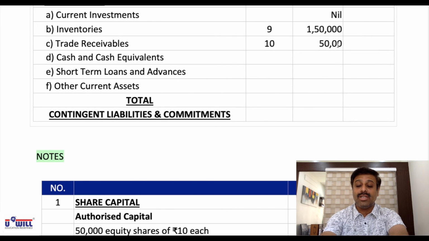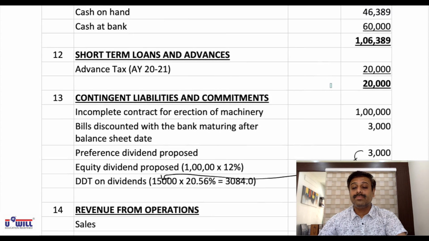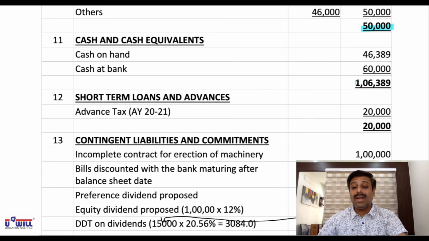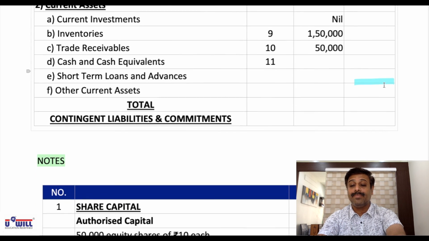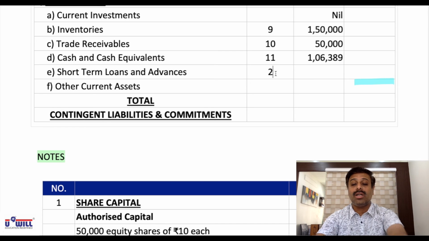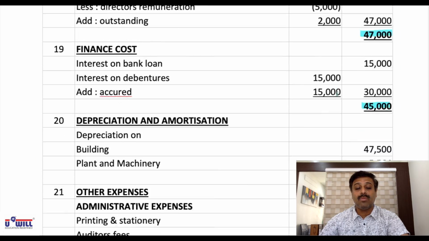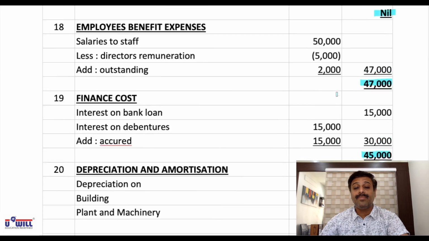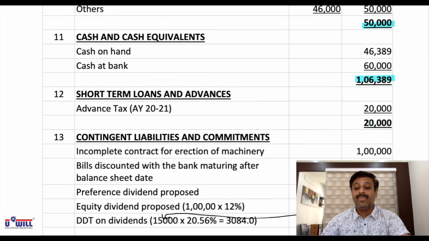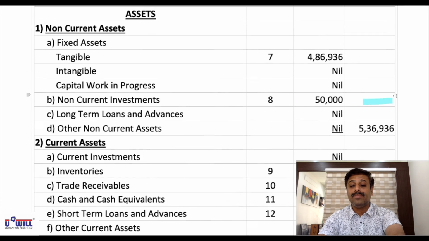Then cash and cash equivalents from note number 11, that is 106,389. Then short-term loans and advances from note number 12, that is 20,000.